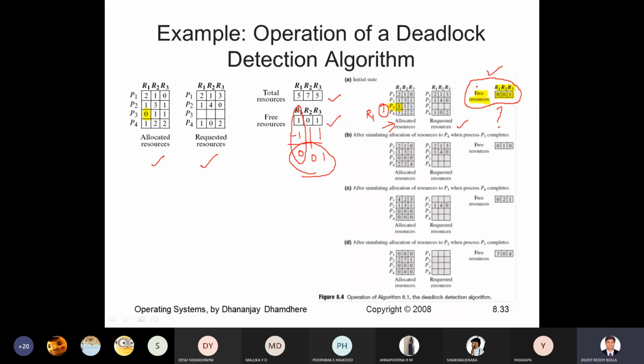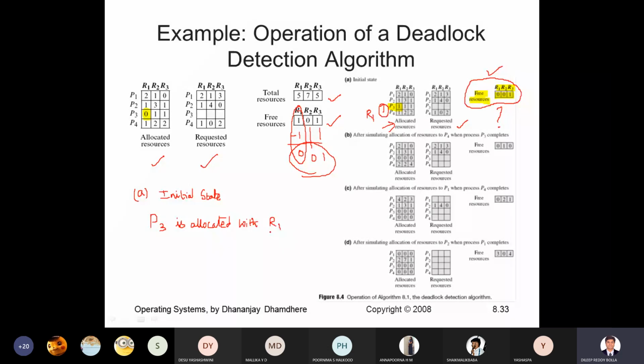It's very simple. At this position, at position A, let us say the initial state, what is happening? The resource P3 is requested, is allocated with resource R1.